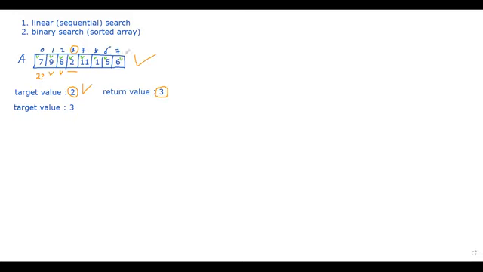This is the end, and we couldn't find 3. Then the return value will be -1. A return value of -1 means there is no target value in the array. This is the linear, or sequential, search algorithm.